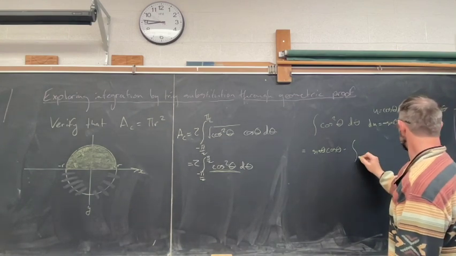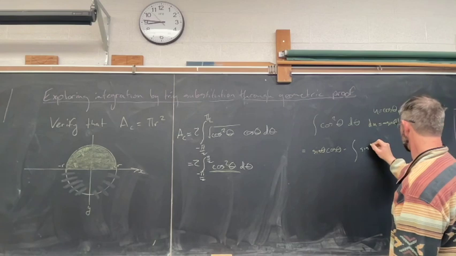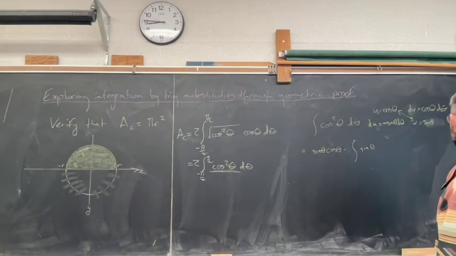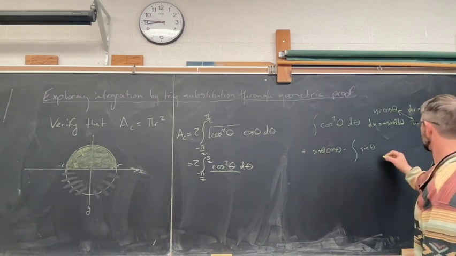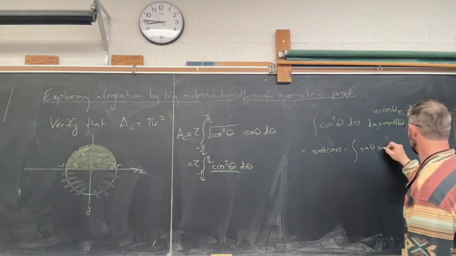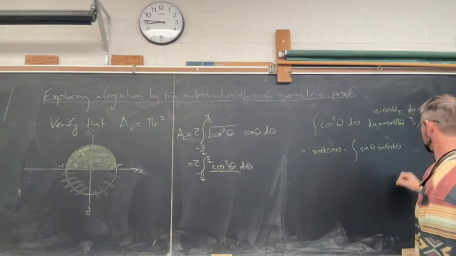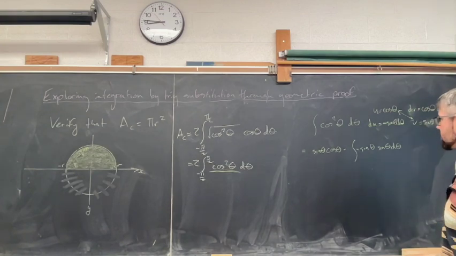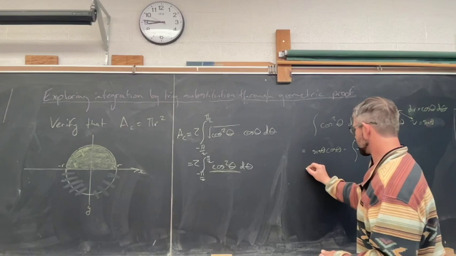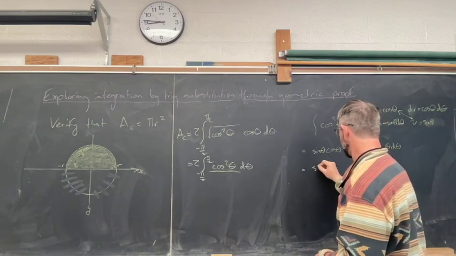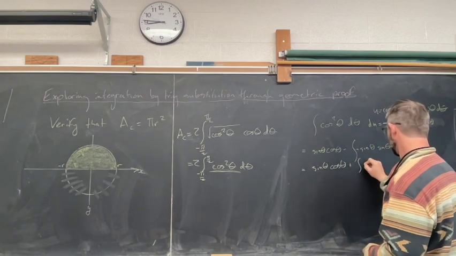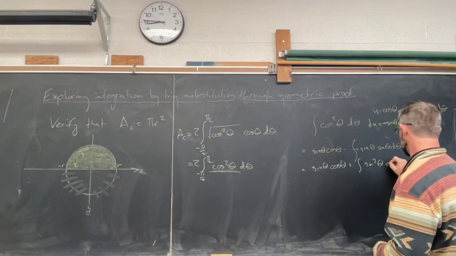So that's minus sine theta times negative sine theta d theta. And this is a negative. So this is what the integral of cosine squared theta is equal to: sine theta cosine theta plus the integral of sine squared theta d theta.